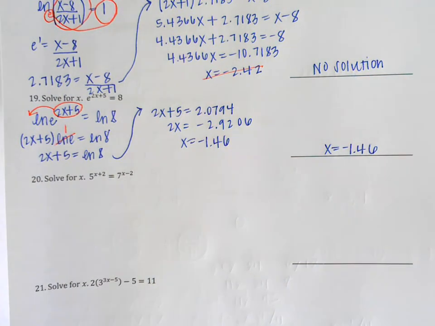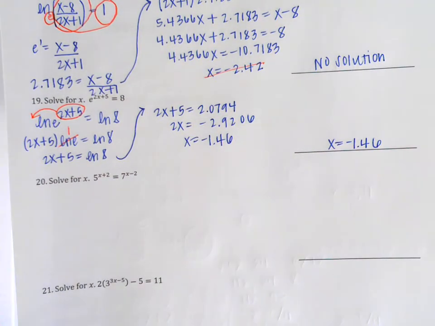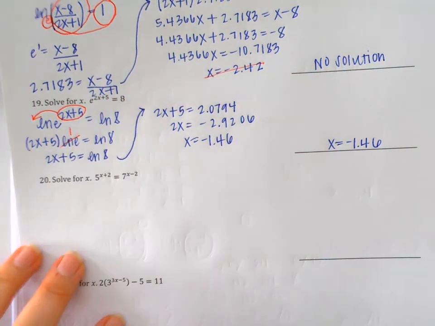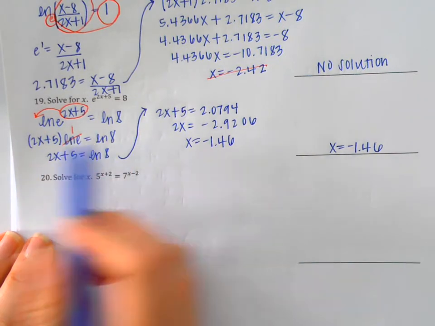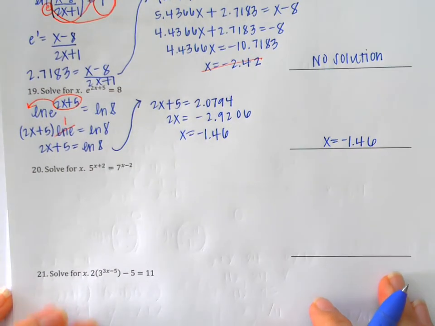And that is it. You don't have to go back and check. Check your work, make sure it's logical, but you don't have to check to make sure that it doesn't make an argument negative because we don't have an argument in this problem. Or even when we do, the variable is not part of the argument. So you don't have to check it.